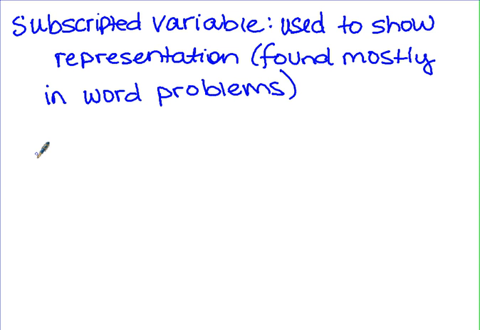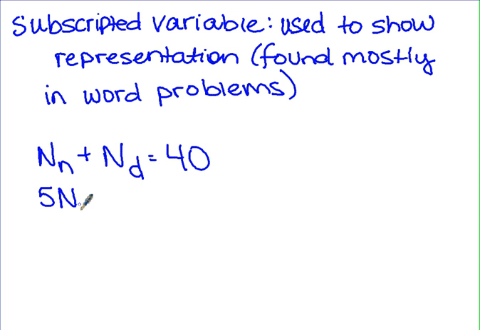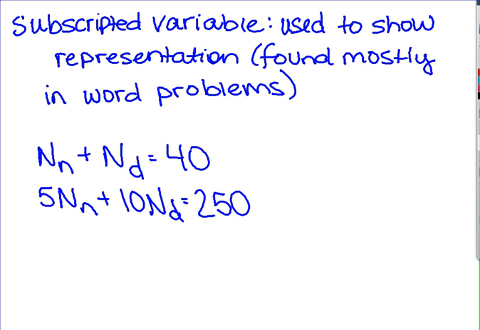An example of a problem like this. We've got n sub n plus n sub d equals 40, and 5n sub n plus 10n sub d equals 250. Now, when we're talking subscripted variables, it is a number or a letter that is smaller than the original number or letter.